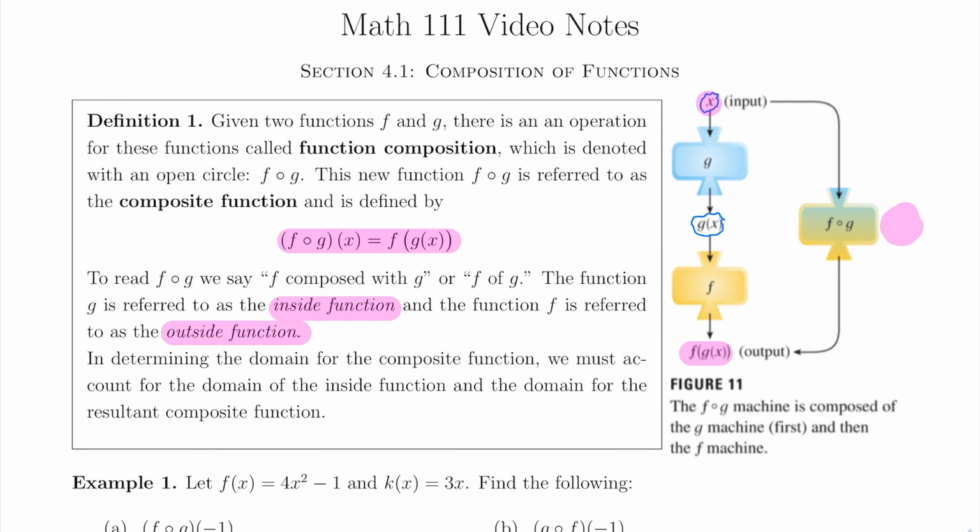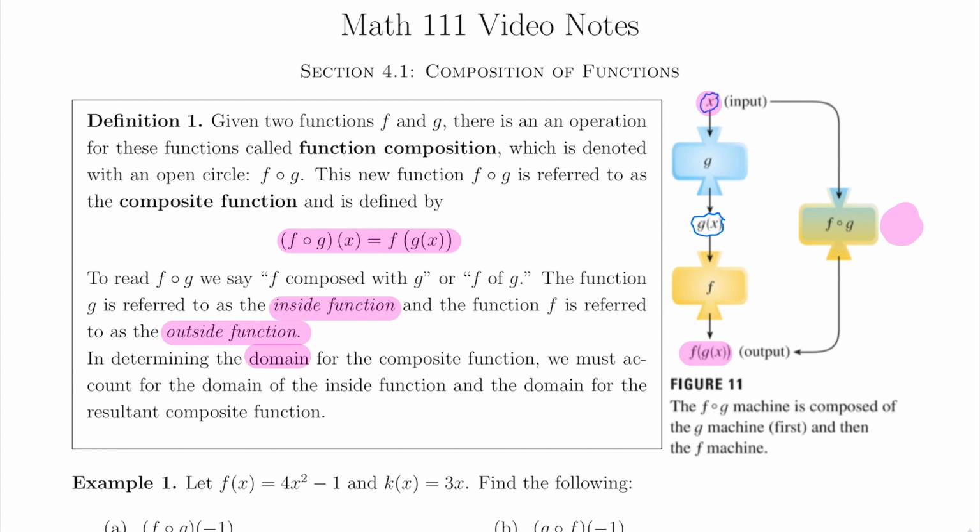Now when we want to know what x's we are allowed to put into our composite function, that means we want to know the domain of our composed function, we need to first think about what x's we are allowed to put into g, our inside function.